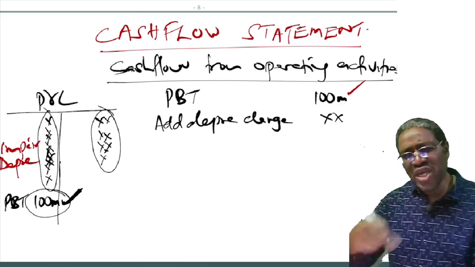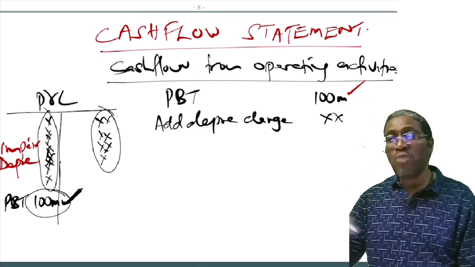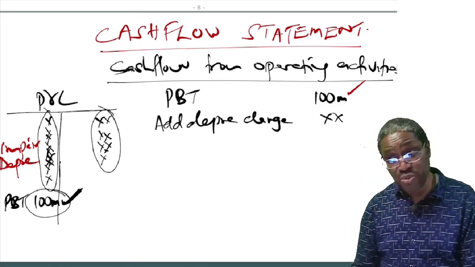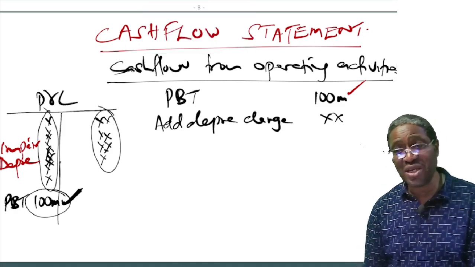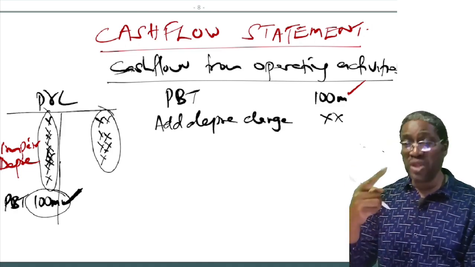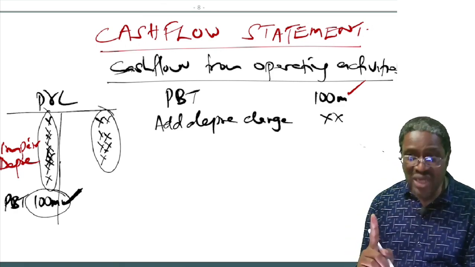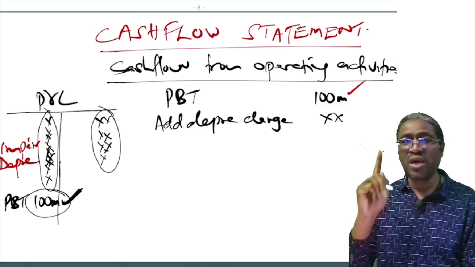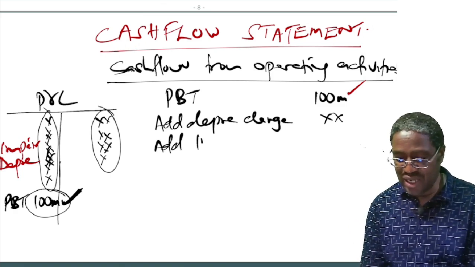So you made the expenses more than they should be from the cash point of view. When doing cash flow, you argue that expenses were overcasted, profit was undercasted, so to correct it, you add back that impairment loss.